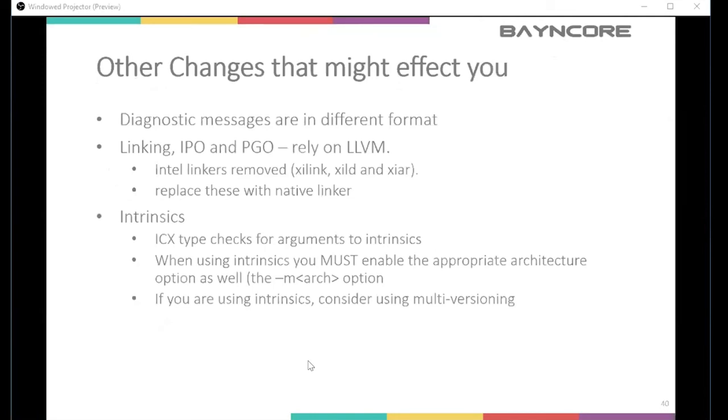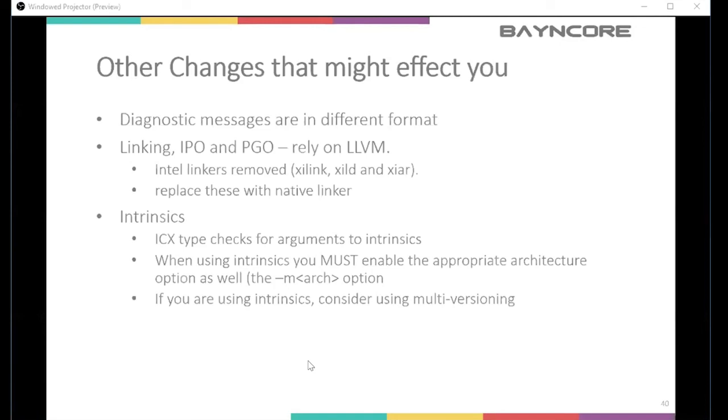There are some other things that might affect what you're doing. The diagnostic messages in the LLVM compilers are quite different. So if you've got a QA system that parses the messages from the compiler, you'll need to take that into account. The second thing is that interprocedural optimization and profile guided optimization use different techniques in LLVM, and they rely on the implementation in LLVM.